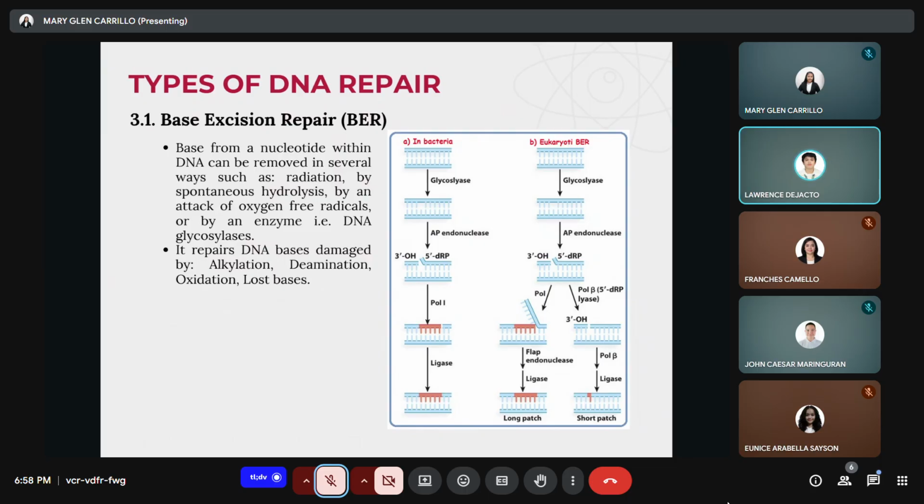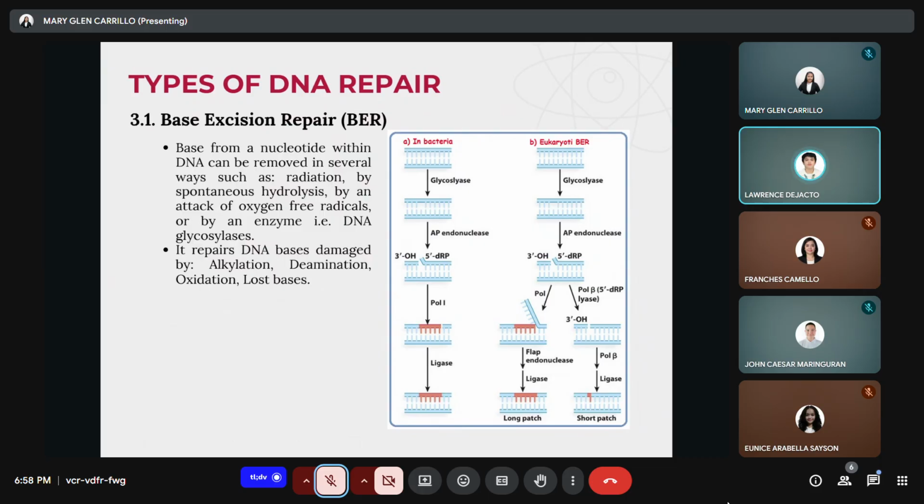At the AP site, AP endonucleases sense the minor distortion of the DNA double helix and initiate the excision of the single AP nucleotide. The AP endonucleases class 1 nick at the 3' side of the AP site, and the class 2 nick at the 5' side of the AP site.